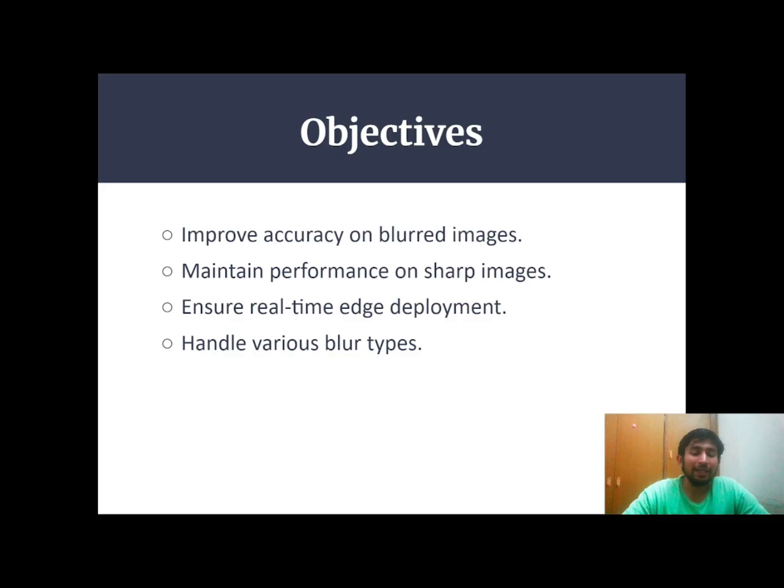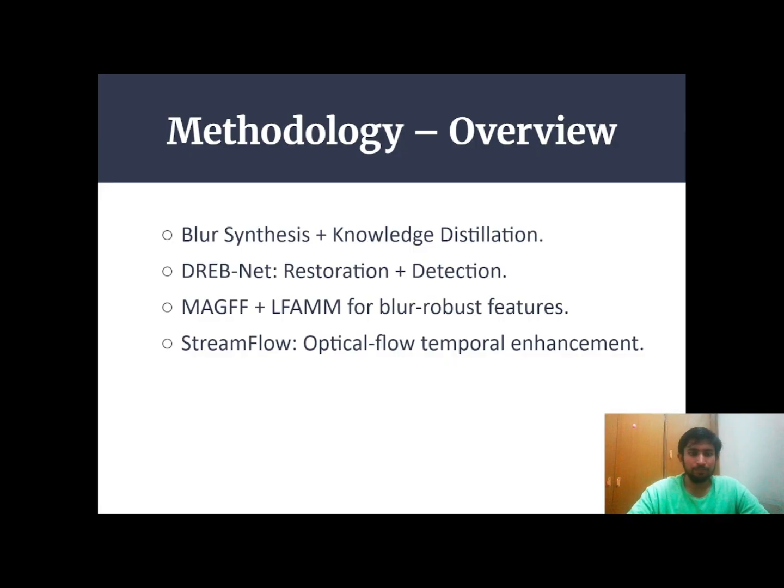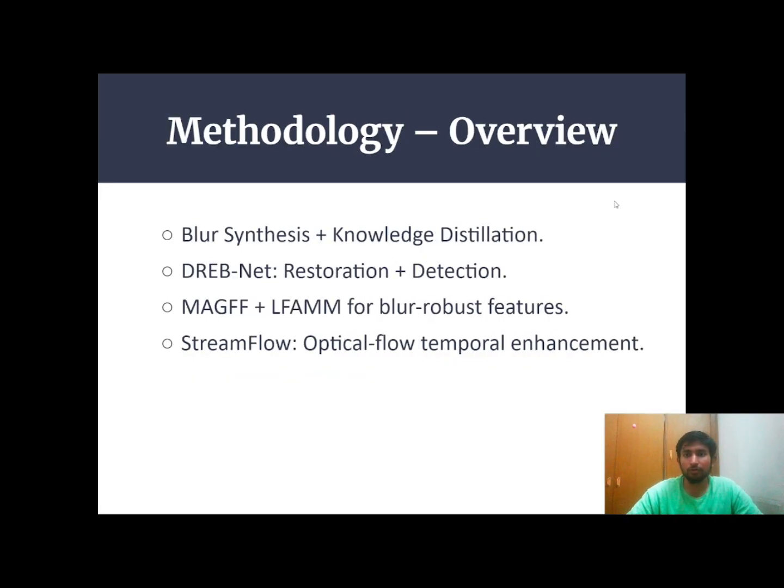Also, we want to maintain a lightweight model without a major increase in parameters, and we want our model to efficiently handle different types of blur, which can arise due to camera shake, directional blur or object motion blur.